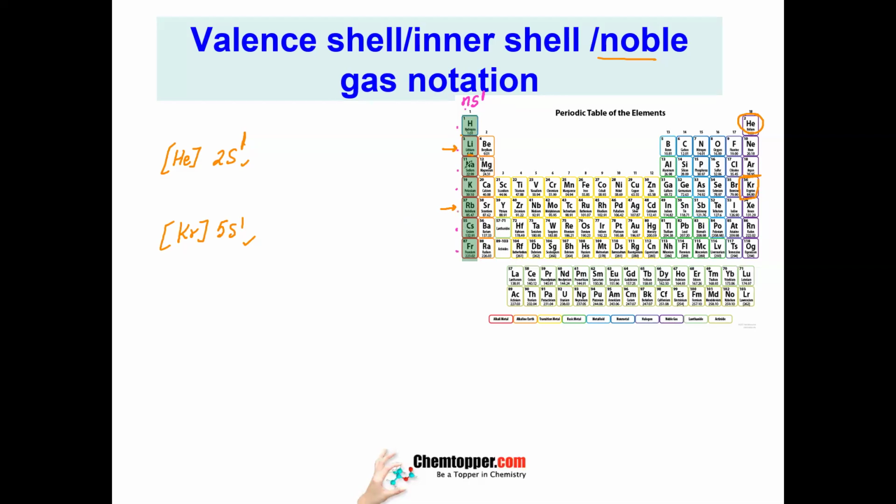Now the way we decided the general configuration of group 1, can you decide the general configuration of group 2? Pick up 2, 3 examples, write the noble gas notation, and then think about it. Okay, Shreya H is answering it. Is she right, children? Take your time and check whether she is right or wrong.